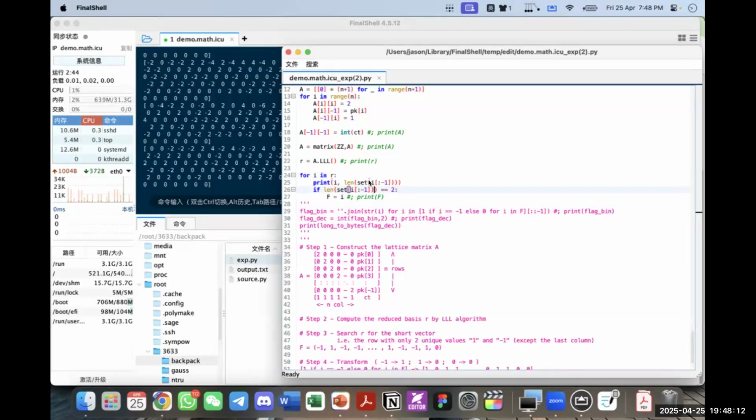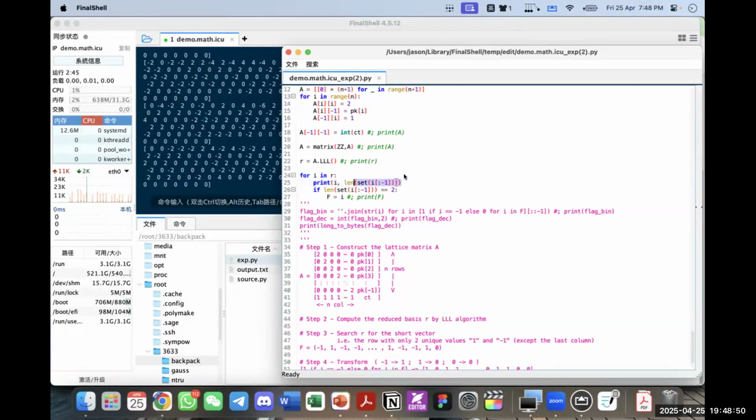The meaning of this is the row, and this is from the first to the second last, that is, not including the very last one. The set function gives the number of unique elements, so the length is the number of unique elements in the row except the last one.